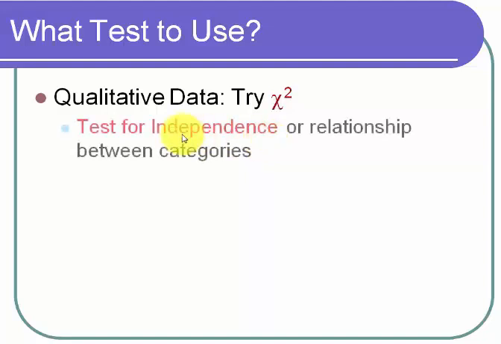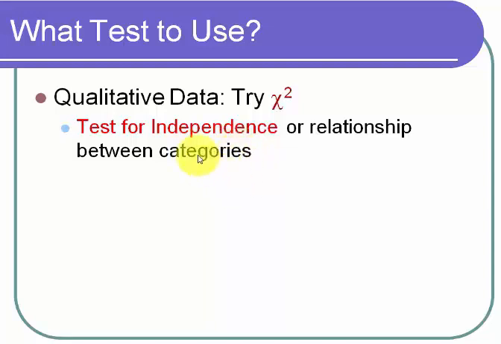The first was a test for independence. So we want to say, are these 2 categories independent of each other? Or is there a relationship between the categories? Remember, H naught was that the 2 were independent, and H1 was that the 2 were dependent.